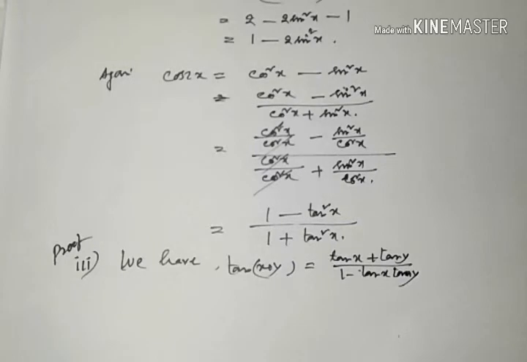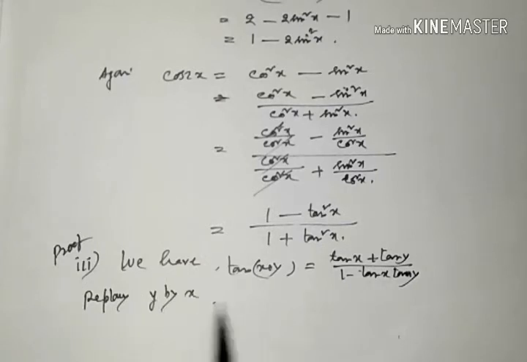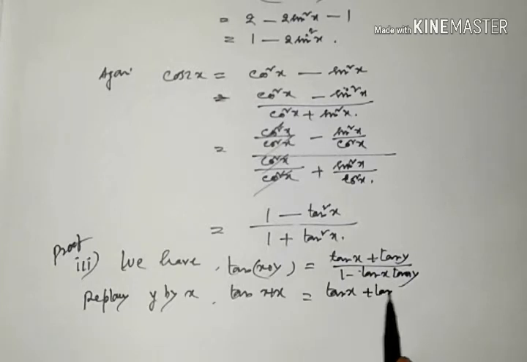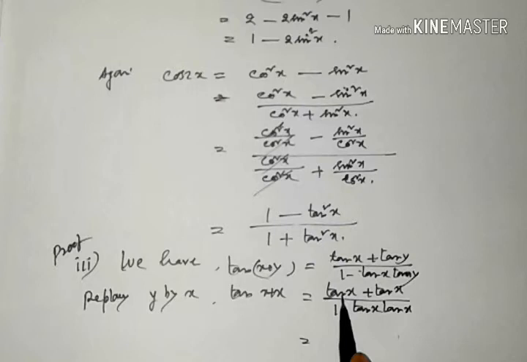So replacing y by x, then x plus x, that is 2x, and tan x plus tan x is 2 tan x, and 1 minus tan x into tan x is 1 minus tan square x.